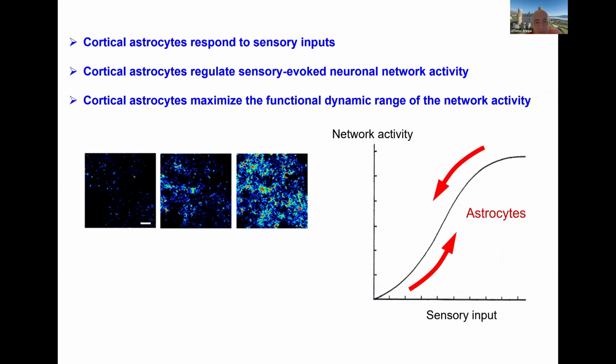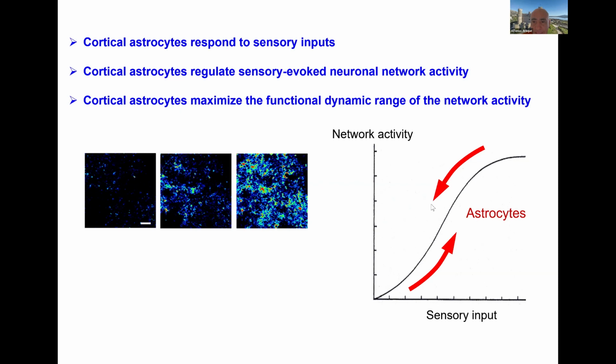So when the network is very active during the sensory stimulation, in the process of the sensory adaptation, they slow down the activity of the network by producing or contributing to the production of this sensory adaptation. However, when the network is in the resting state, in the basal state, and we activate the astrocytes, we then produce an enhancement of the delta activity of the network.